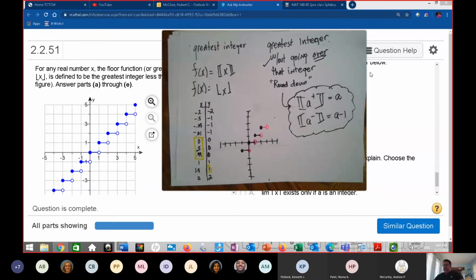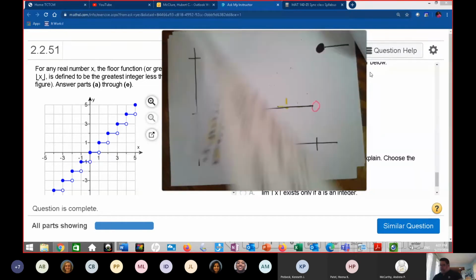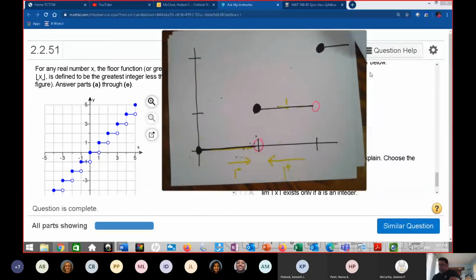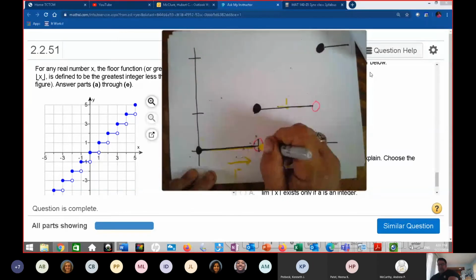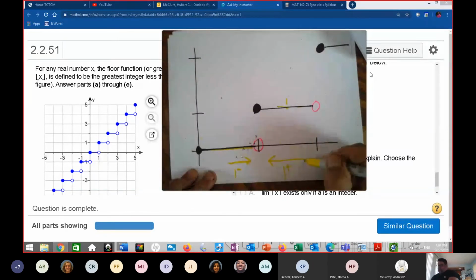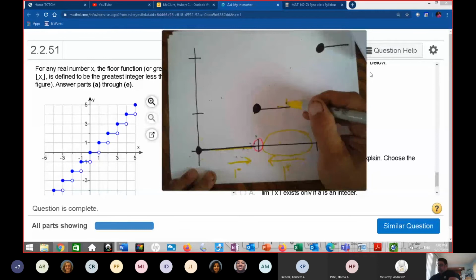So I'm trying to show you with a big graph that when you approach from the left, you're usually going to be here. When you approach from the right, there's nothing here. See right here? There's nothing there. So you have to go up here, and that's 1.